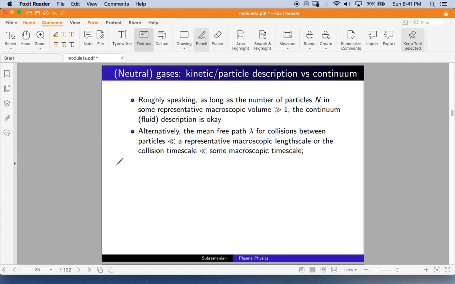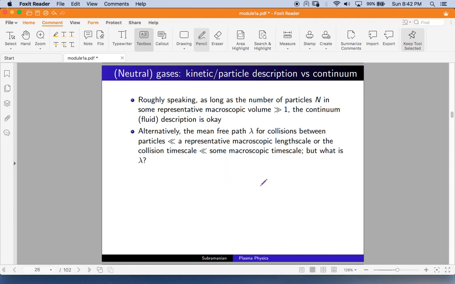What I mean by a macroscopic time scale is, suppose you were thinking of wave motion or some other physical phenomenon that involves a certain time scale, some t, and you've got a collision time scale tau, the interparticle collision time scale. If the collision time scale is much smaller than the macroscopic time scale you're interested in, then it's all right to adopt the continuum or the fluid description.